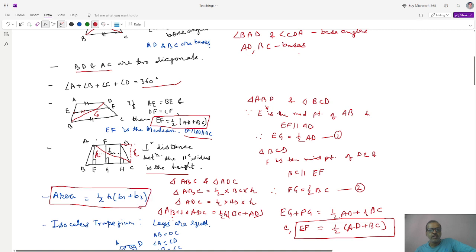B1 is the length of AD and B2 is the length of BC. Then the formula comes: area equals half into H into B1 plus B2, that is the sum of the parallel sides. Okay. So once again, the formula is: area of a trapezium equals half into its height into the sum of two parallel sides.